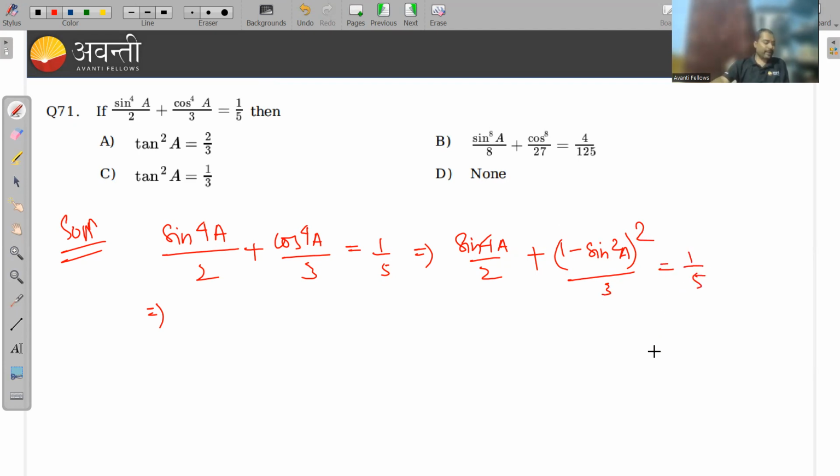Now if we take the LCM, which is 6, this becomes 3 sin की power 4a plus 2 into 1 minus sin square a whole square is equal to 6 by 5, right?